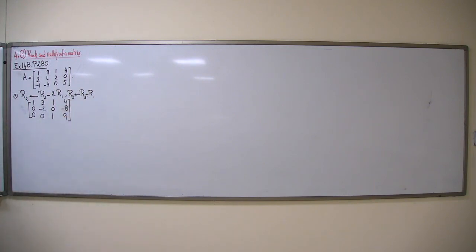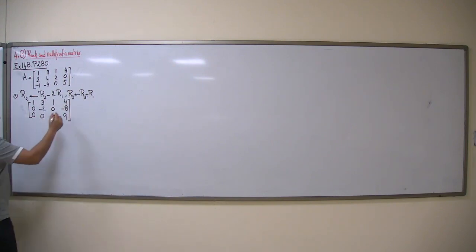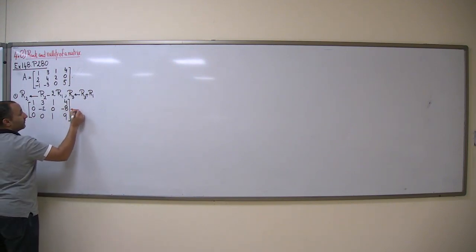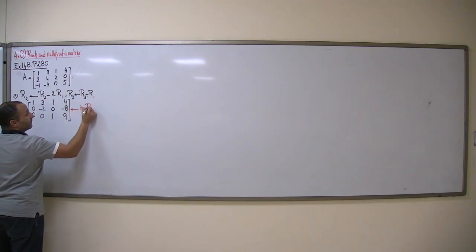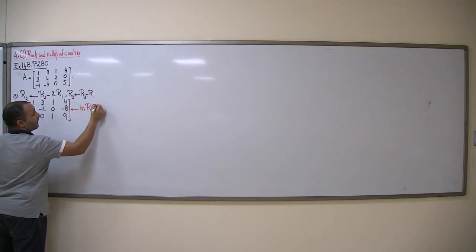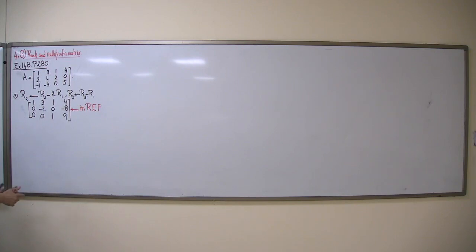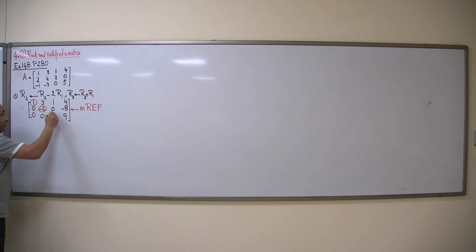Okay, so now already I have to stop here. This one is in REF, sorry. So I see I have a pivot here, a leading term in the first row, a leading term in the second row, a leading term in the third row.